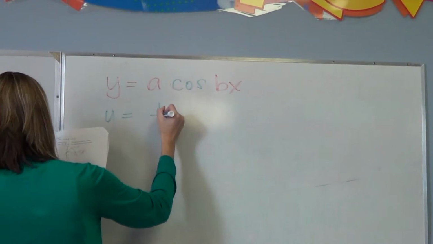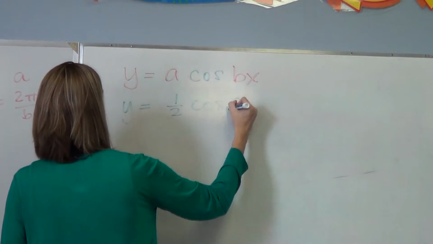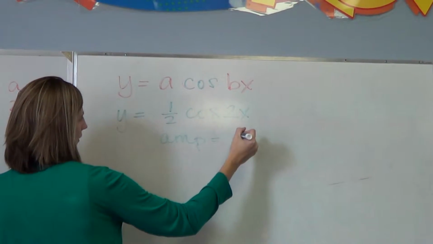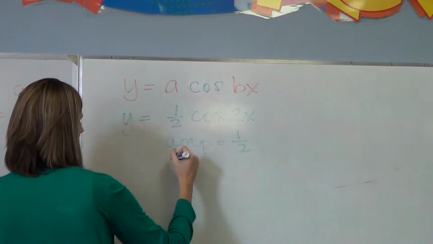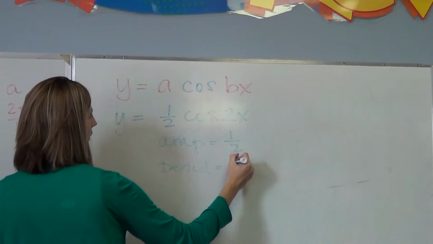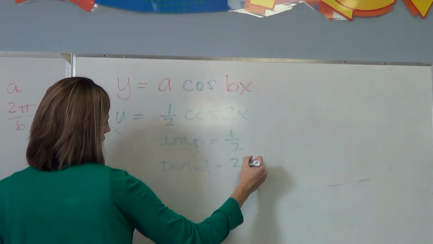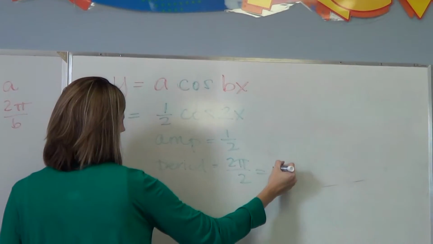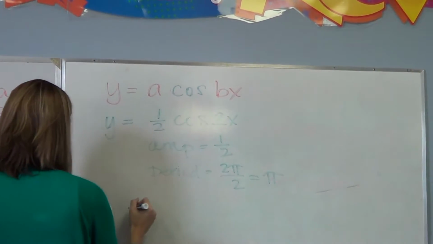So 1/2 cosine of 2x. The amplitude is 1/2, and the period is 2 pi divided by 2, which is going to be pi.